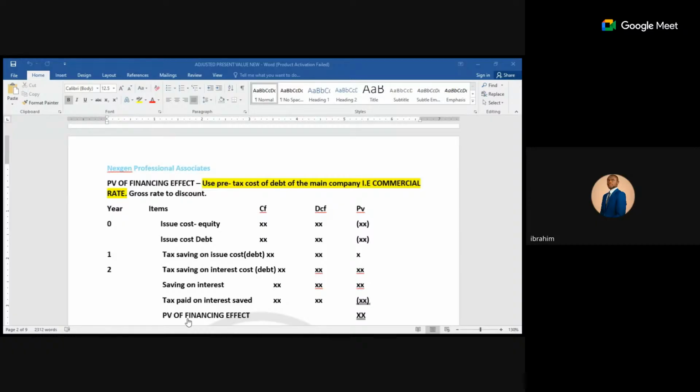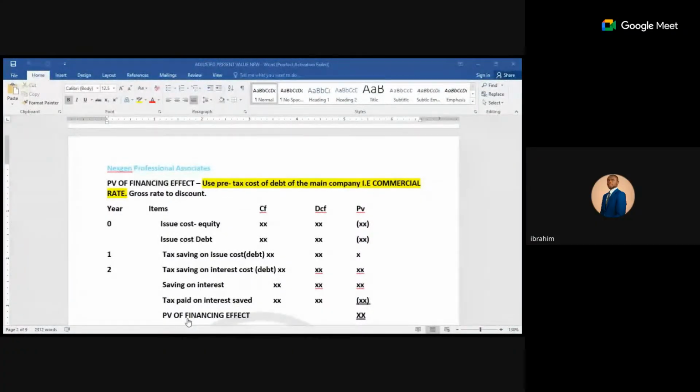So when the examiner is silent, you can assume that the tax savings on issue costs is on debt, commercial debt. Class, it is assumed to be year one because you've commenced the project.